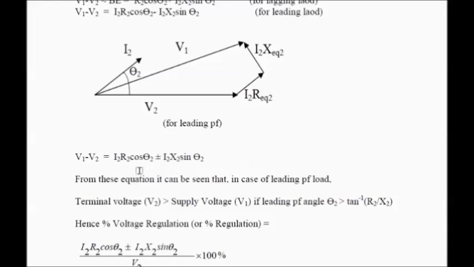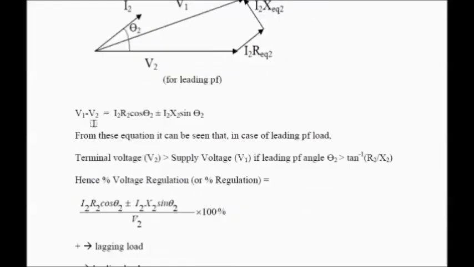So equate I2 R2 cos theta 2 minus I2 X2 sin theta 2 equal to 0. From there we get this condition: for theta 2 greater than tan inverse R2 upon X2, the terminal voltage V2 will be more than supply voltage V1.